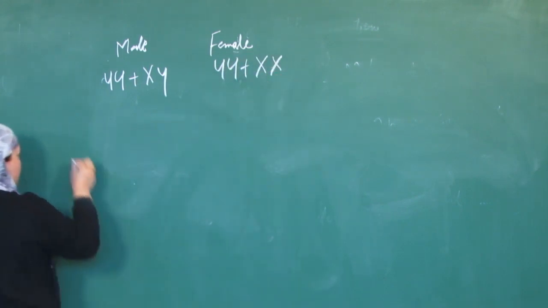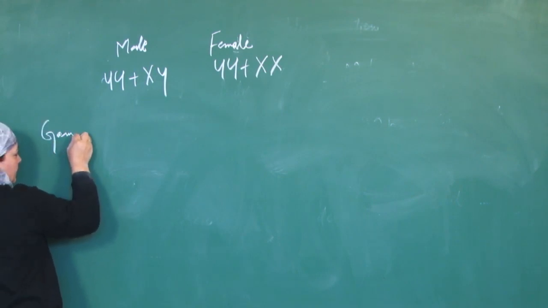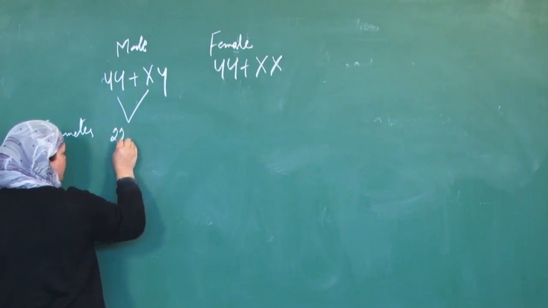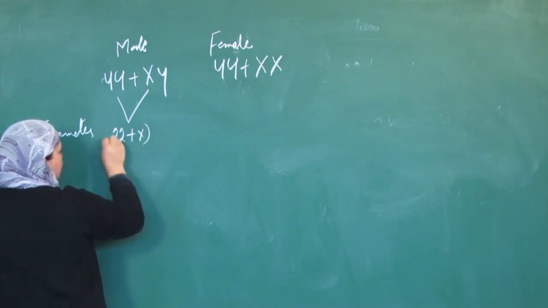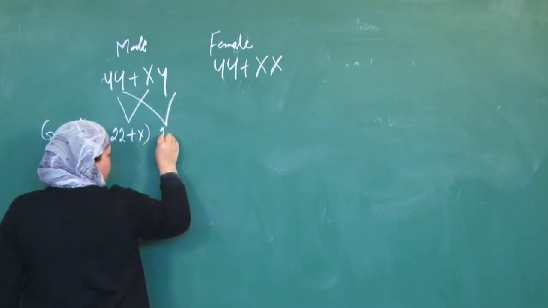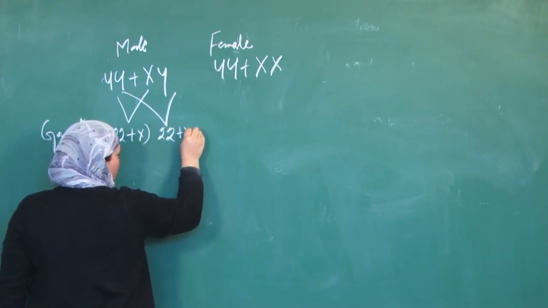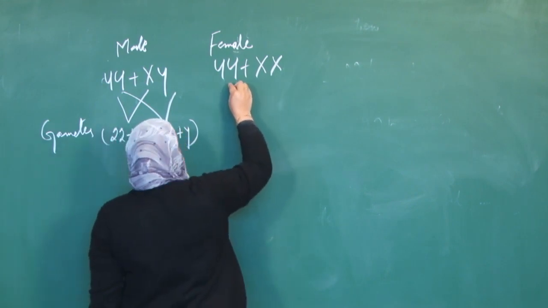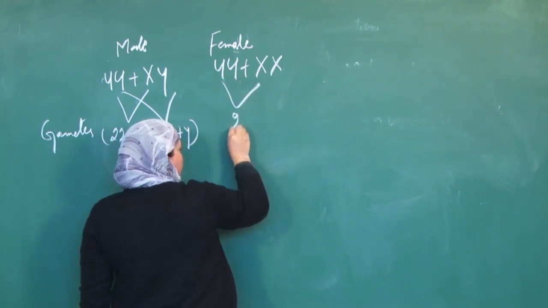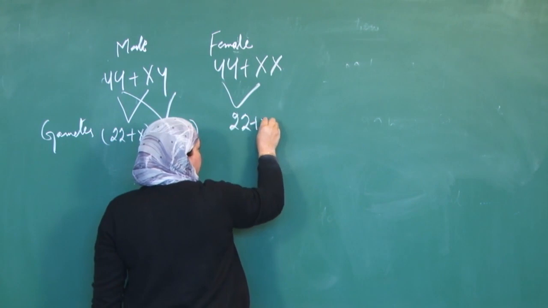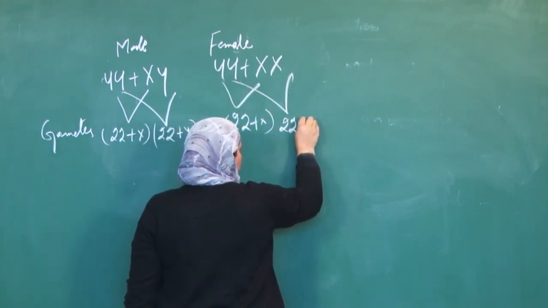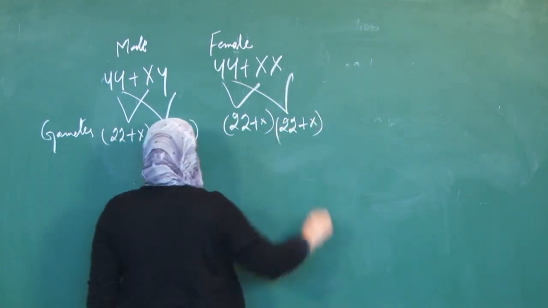What will be the gametes? In the male, 22 plus X and 22 plus Y. What will be the gametes in the female? 22 plus X and 22 plus X.